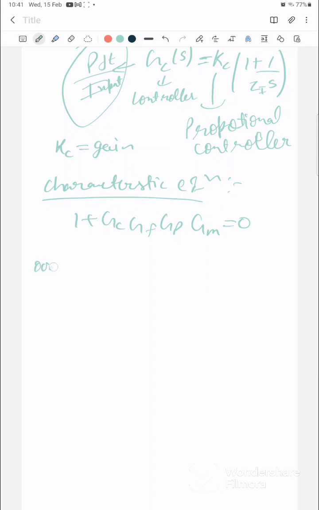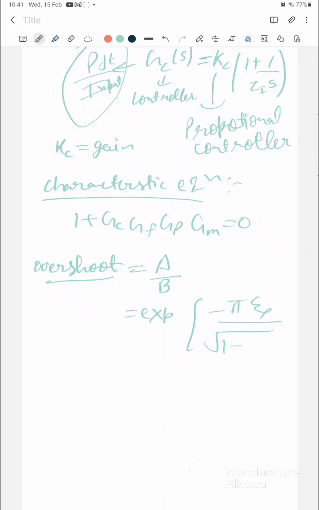Overshoot is defined as exponential of minus pi zeta by root of 1 minus zeta square.